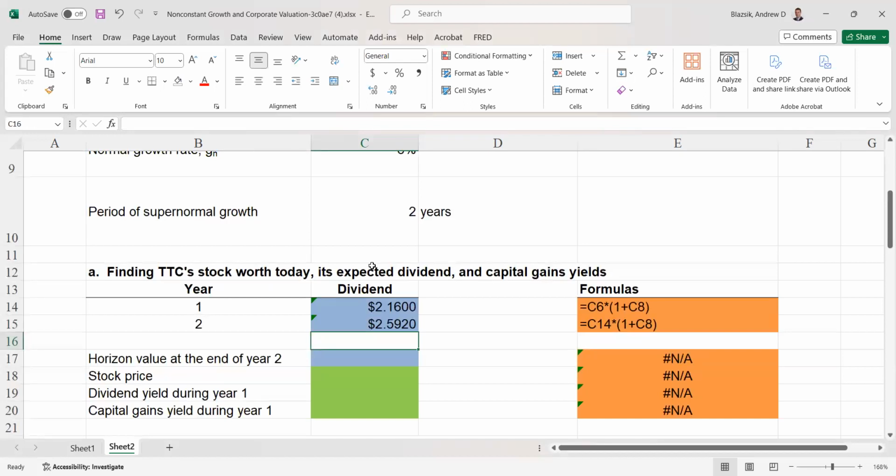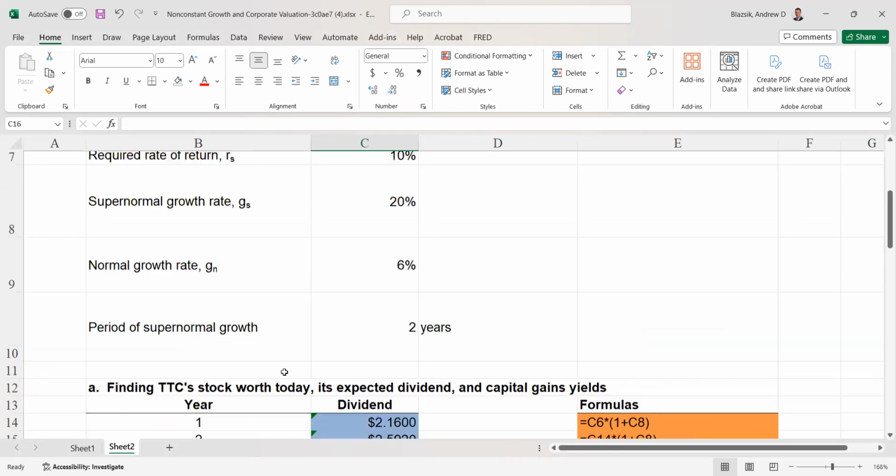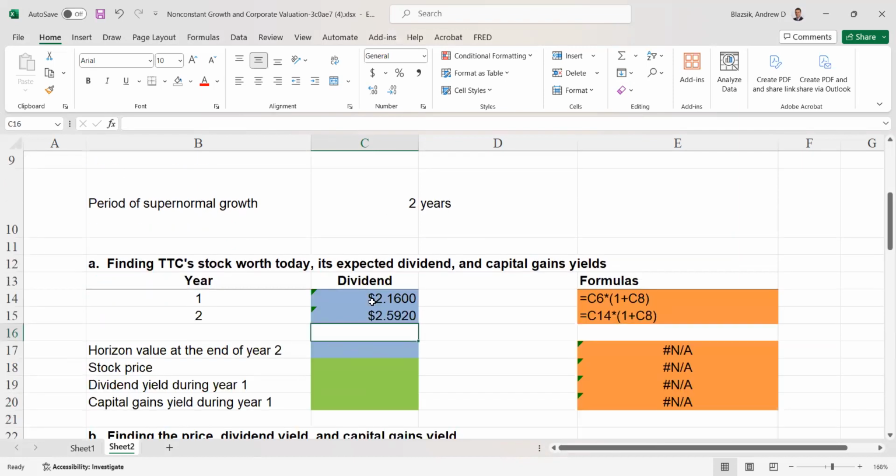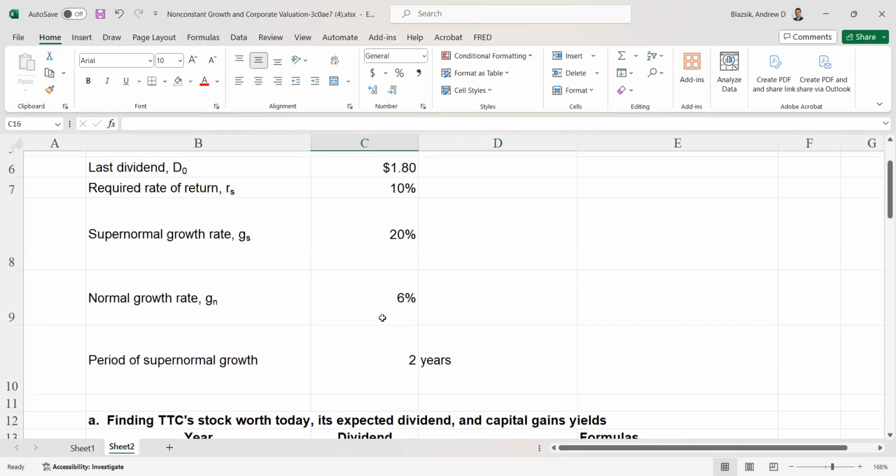All right, next we want to find out what the horizon value is at the end of the second year. So what's going on here is we got 2 years of super growth. And then at the second year, after that second payment is made, if you bought the stock, we have a perpetuity of 6% forever.